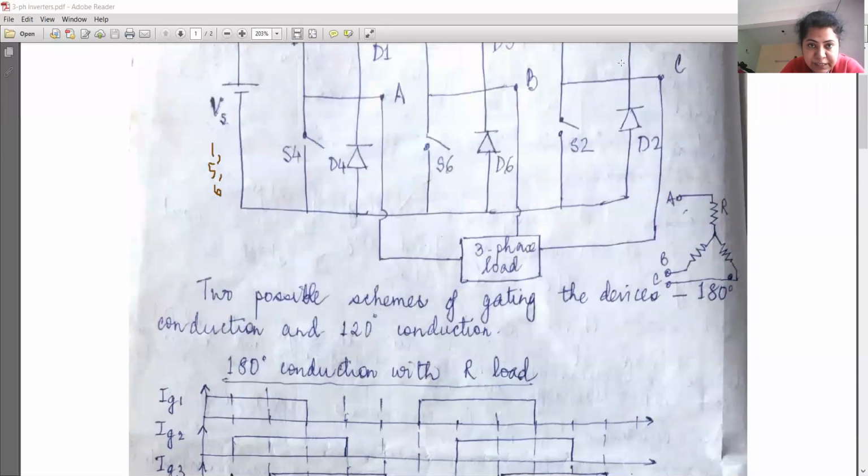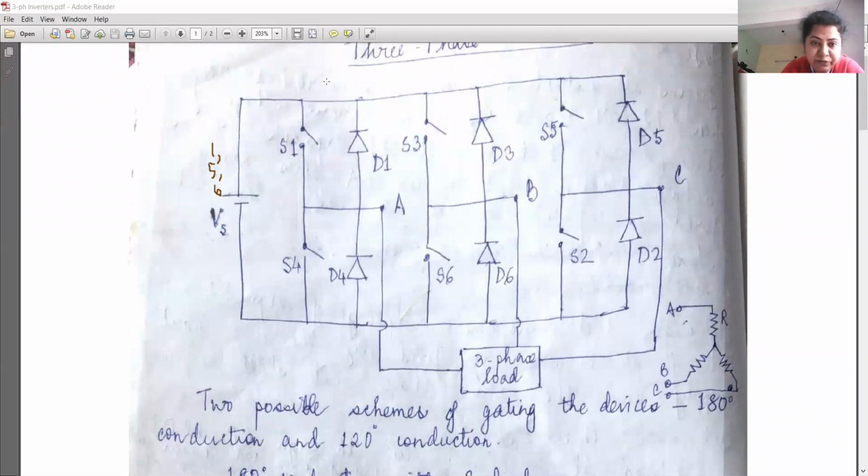They mean the positive battery terminal is connected through switch 1, which is on, to terminal A. Switch 5 means C is connected, and 6 means B is connected, the negative terminal is connected to terminal B.